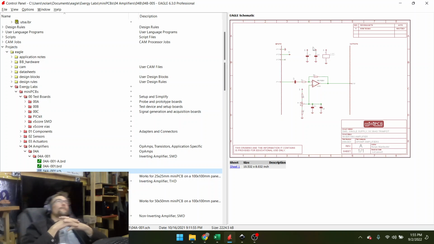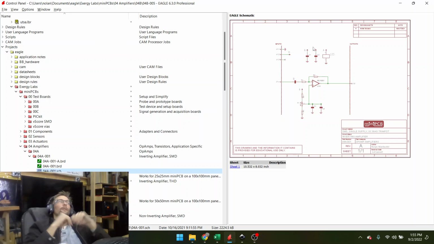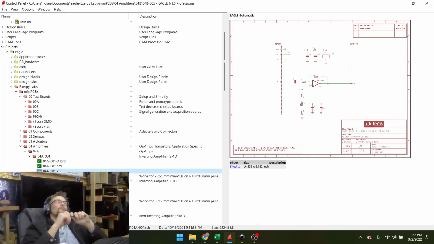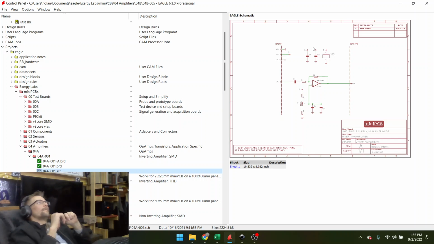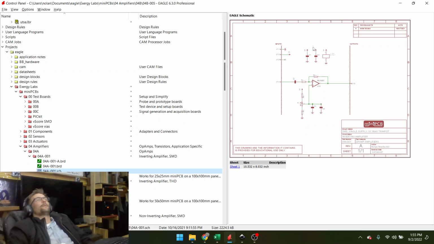And then I should probably go down to computing and put some of the summing, adding, differential computing circuits there instead of putting them in the amplifier category, because they're really computing circuits. They're not really amplifying circuits. So yeah.